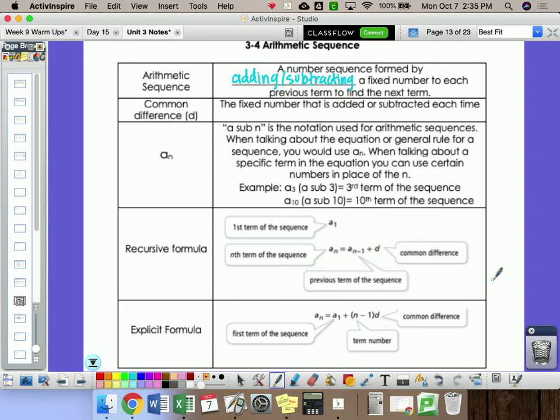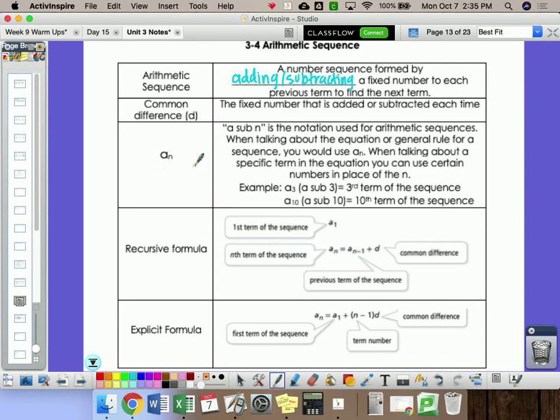You'll see throughout this, they use the letter D to distinguish what a common difference is, whatever that number is that you're adding or subtracting each time. You'll also see throughout this chapter, this notation right here.